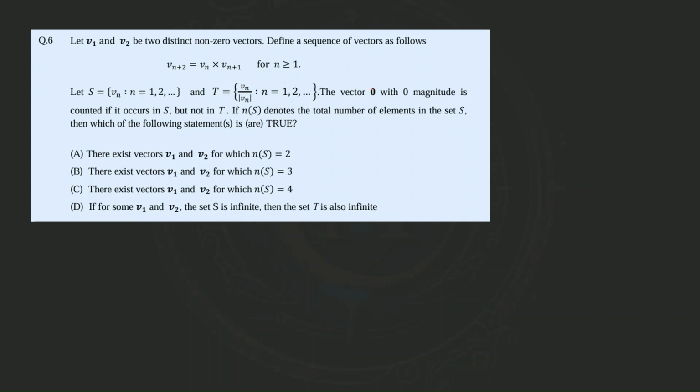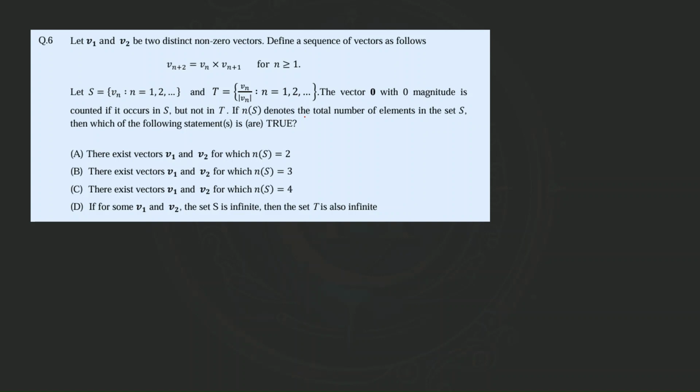The zero vector, where bold zero is the zero vector with zero magnitude, is counted if it occurs in S, but not in T. So the zero vector is counted only in S and not in T, right? So these are important pieces of information we have to note down first in our mind.